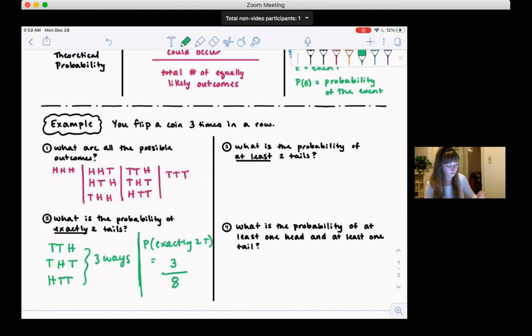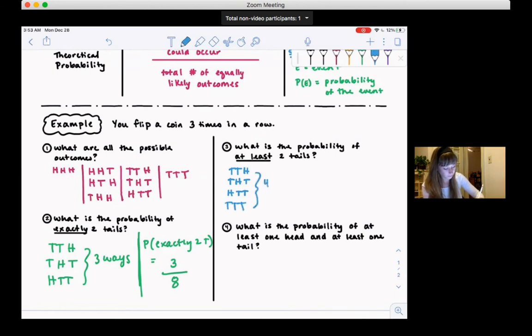Okay, let's do 2 more probabilities. What if we said, what is the probability of at least 2 tails? Instead of exactly 2 tails, at least 2 tails. That means all of these count. We still have tails, tails, heads; tails, heads, tails; heads, tails, tails, but we can now count the 3 tails because this is at least 2. So tails, tails, tails also counts.